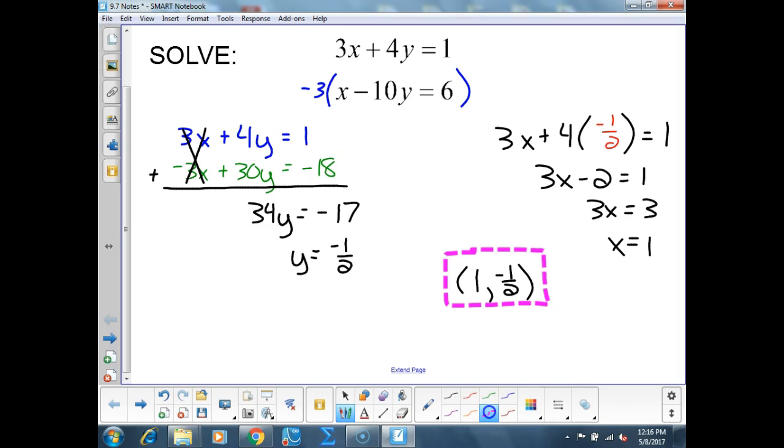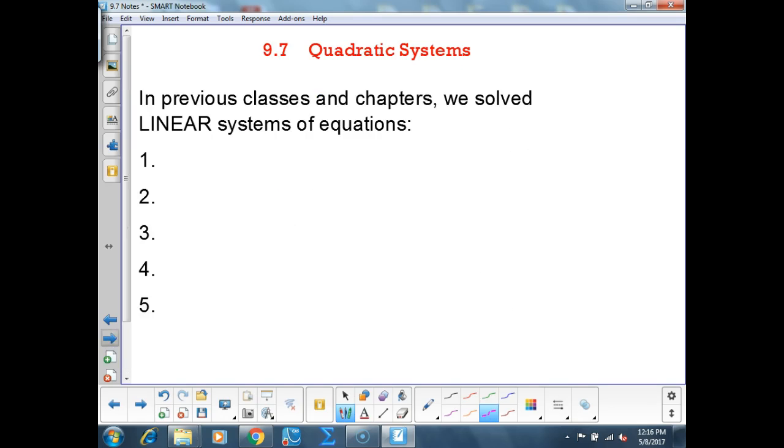Thinking back to Algebra 1, what methods could we have chosen? We chose the elimination method. What were the other 4 choices that we had? Substitution. What was that, Kim? Matrices.